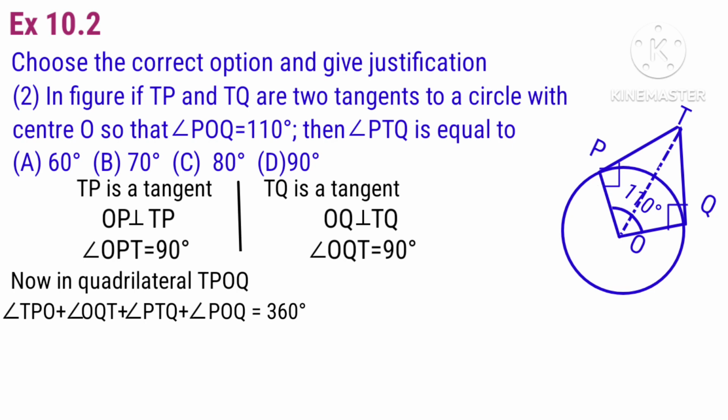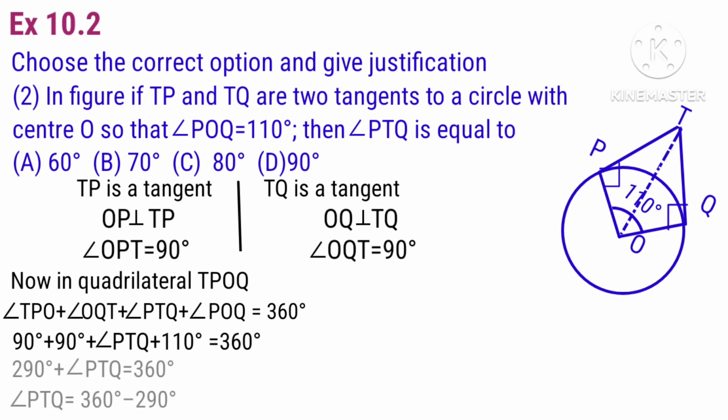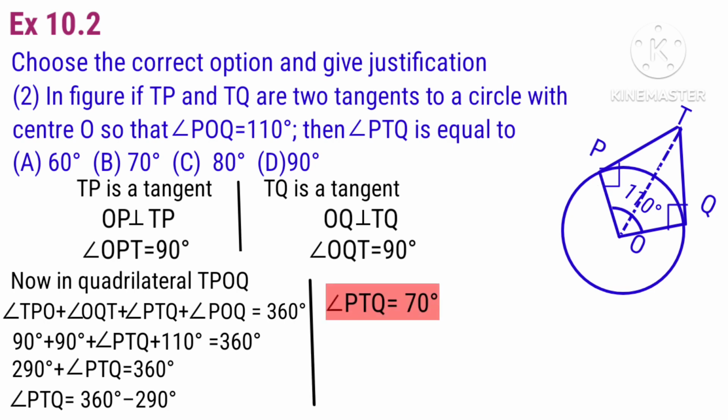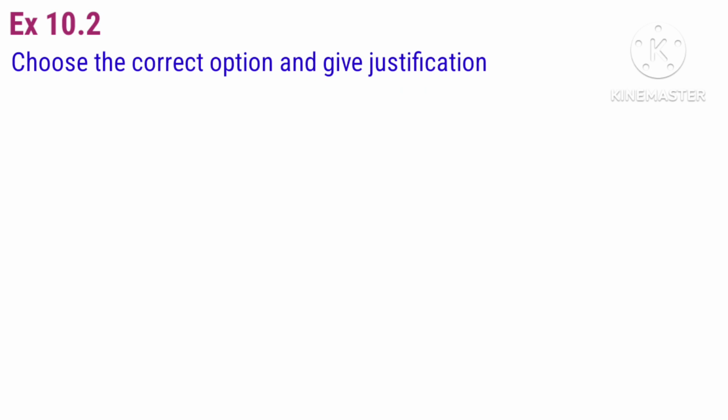Putting in the values, we get 90 degree plus 90 degree plus angle PTQ plus 110 degree is equal to 360. Adding, we get 290 degree plus angle PTQ is equal to 360. So angle PTQ is equal to 360 degree minus 290 degree, that is angle PTQ is 70 degree. So answer B is correct. We'll move on to our next question.